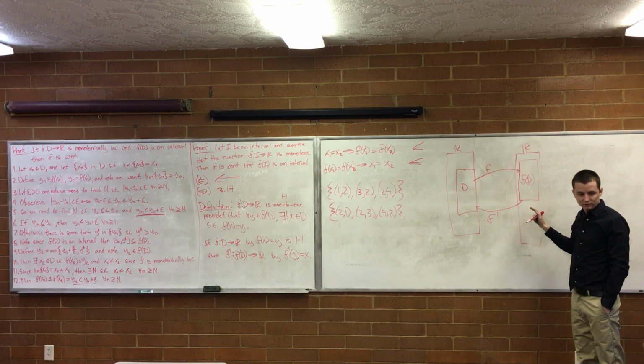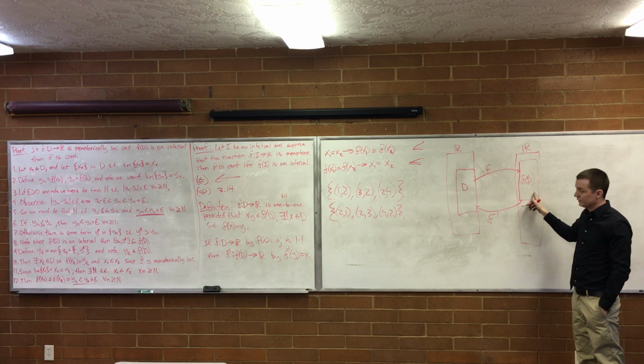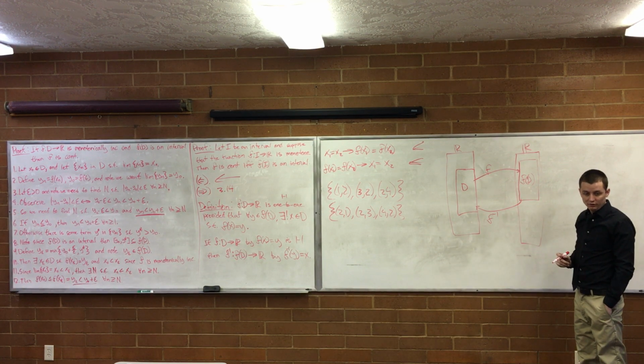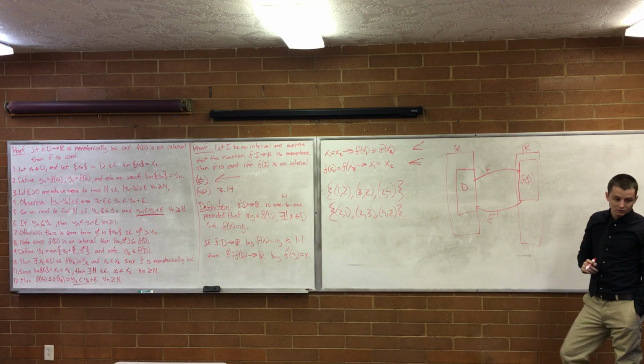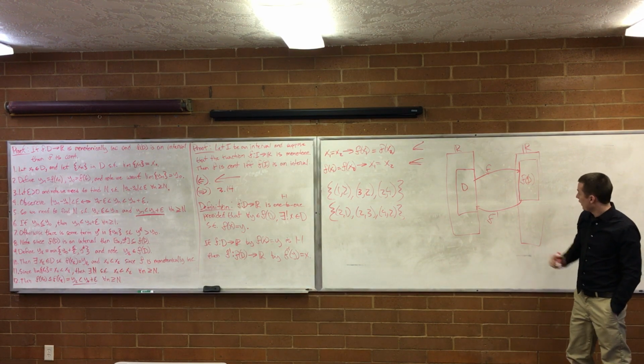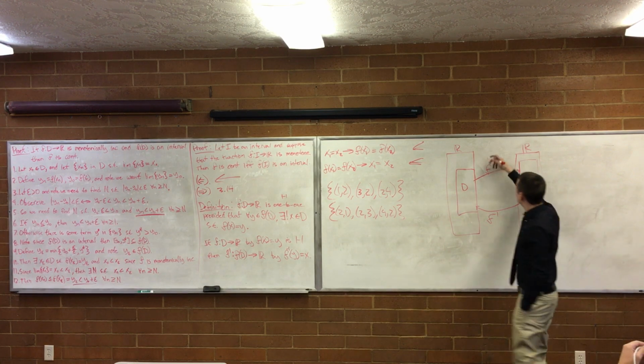And then now we're mapping the image to the whole real numbers. It didn't use all the real numbers. Neither did F.